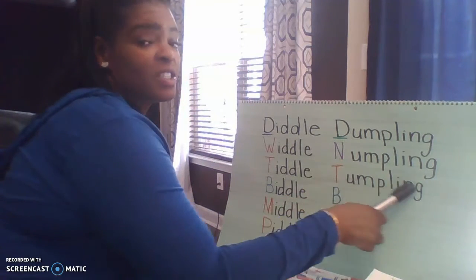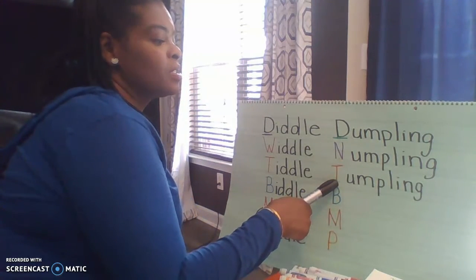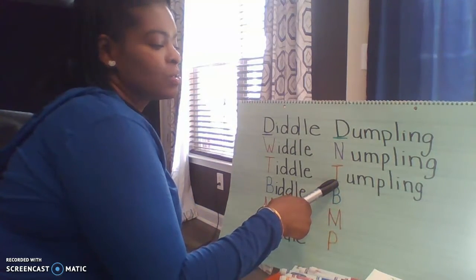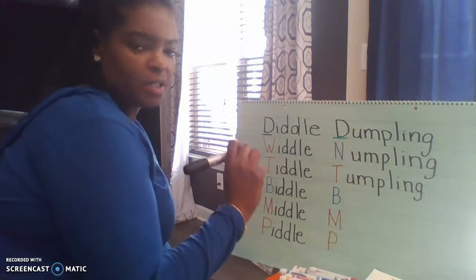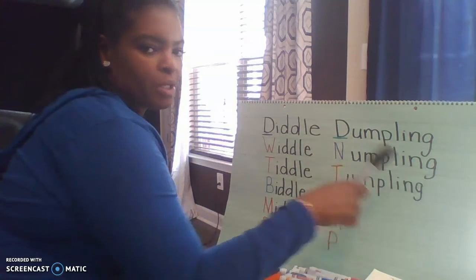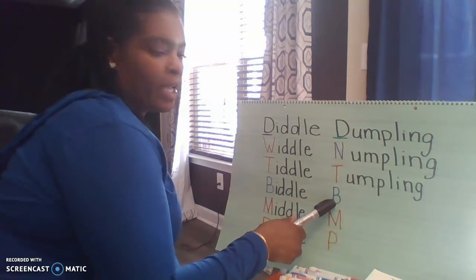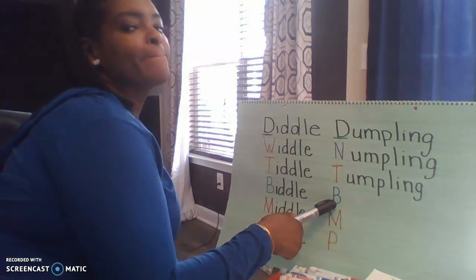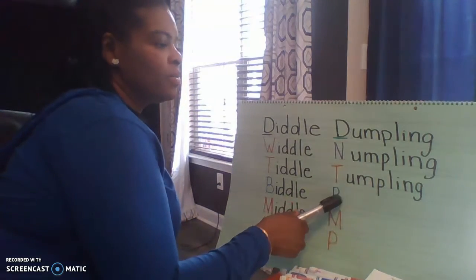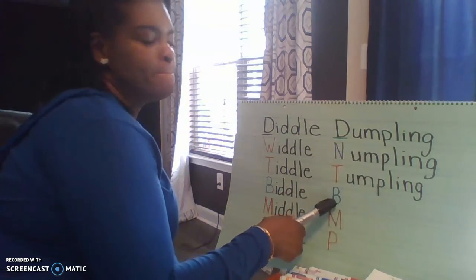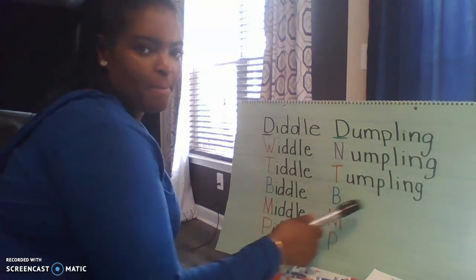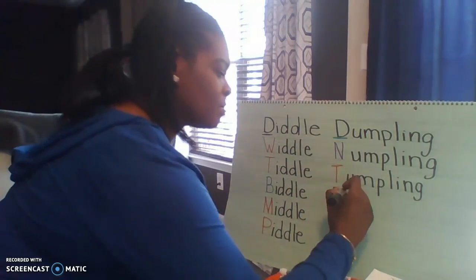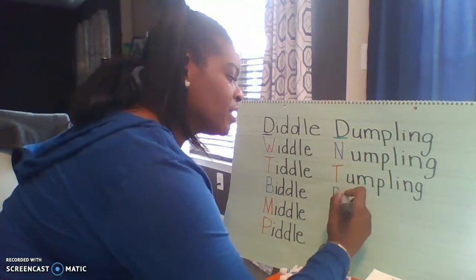And what does this say? Tumpling. Good job. So we're going to add the letter B, B to umpling, bumpling. Good job.